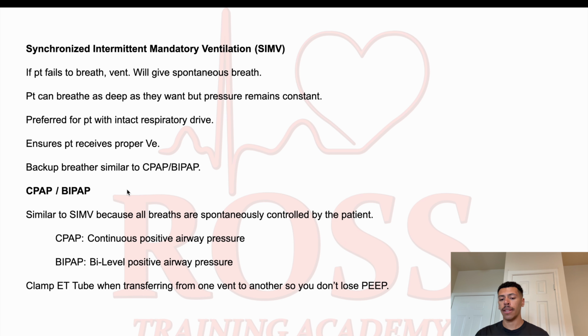And so that's going to take us to our CPAP and BiPAP mode. And again, they're going to be similar because all breaths are going to be spontaneously controlled by the patient. With CPAP, continuous positive airway pressure, that's what that stands for. And then BiPAP, bi-level positive airway pressure. CPAP, you've probably seen these pre-hospitally.